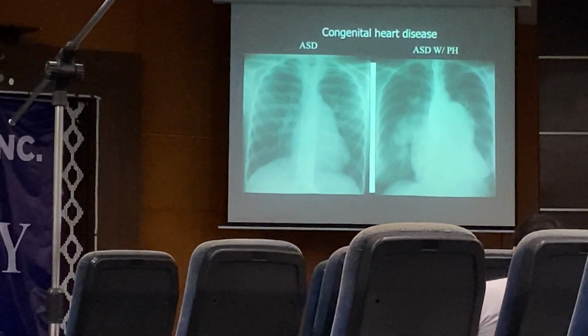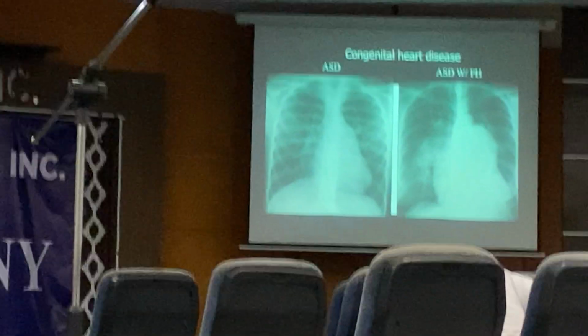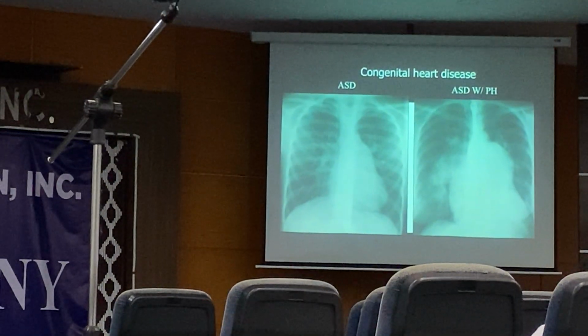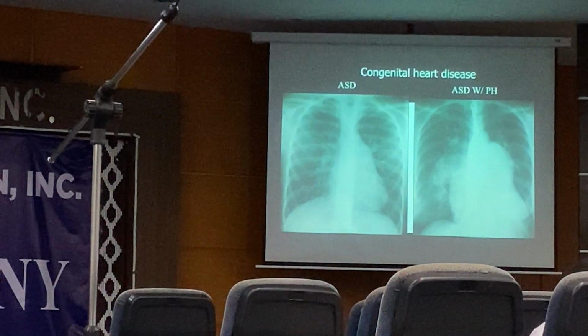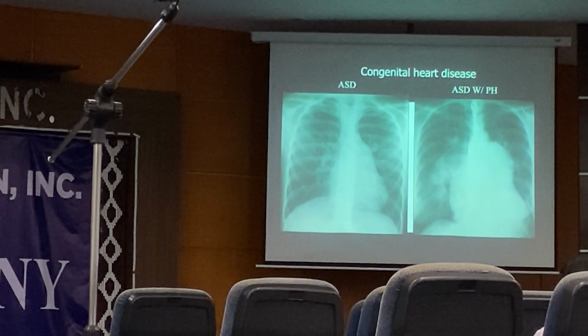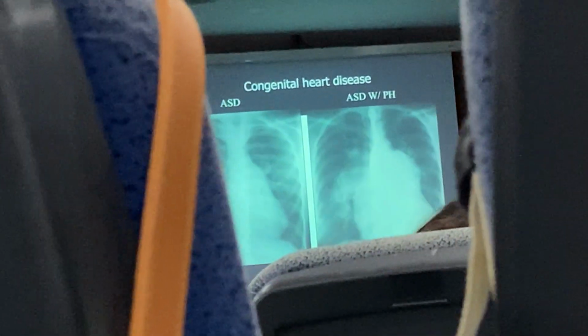So here, at early age, you don't see much in ASD. So as the patient gets older, this patient develops pulmonary hypertension. You can see there's pruning of the pulmonary artery. And this patient does have a right atrial enlargement, diba? The right atrium height increases.